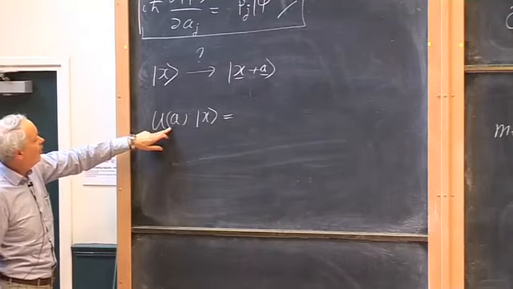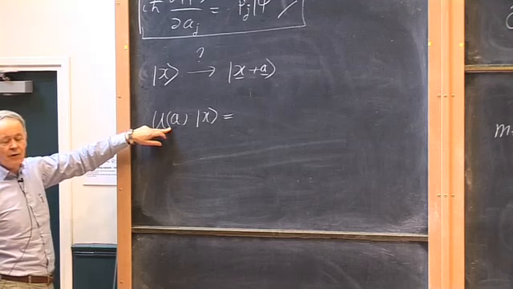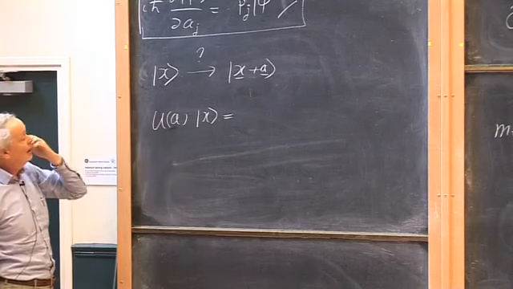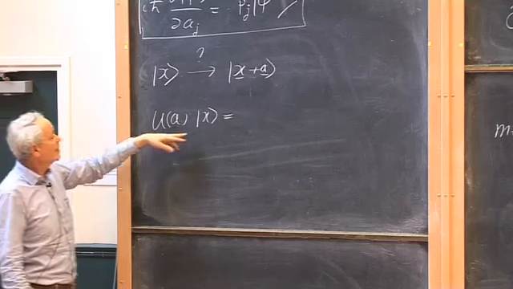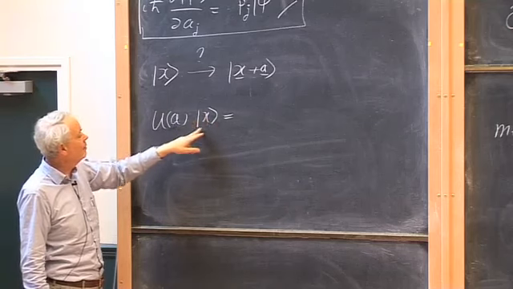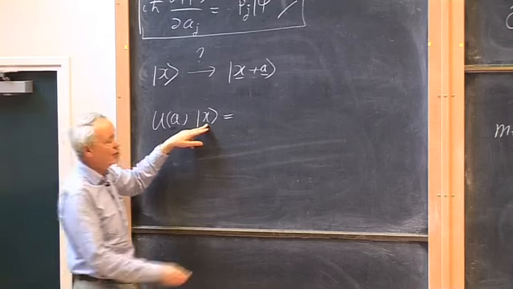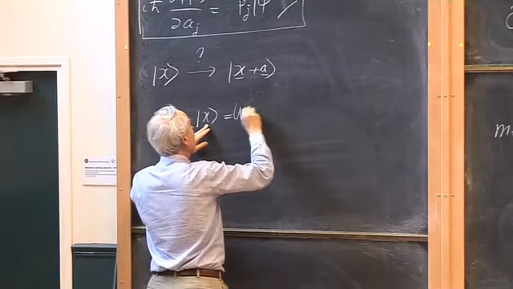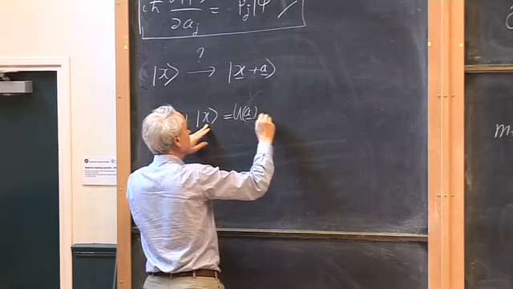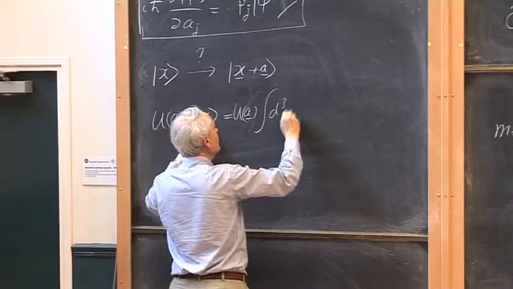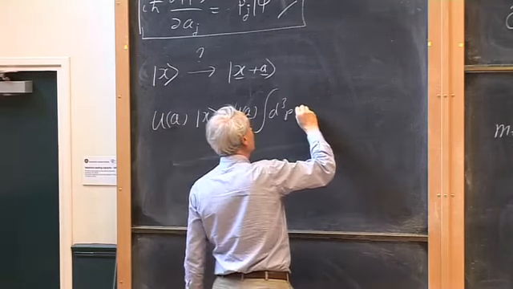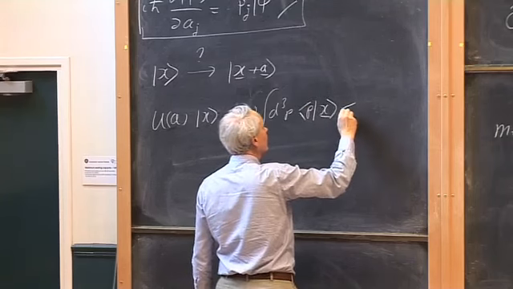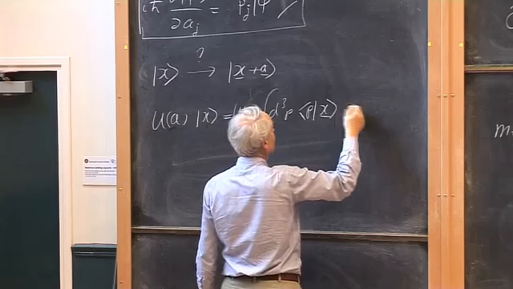Now this operator here is a function of the momentum operators, right? It's that exponential a dot p. So the natty way to do this is to decompose this into a linear combination of states of well-defined p. So we write this as the integral d cubed p of p x p.